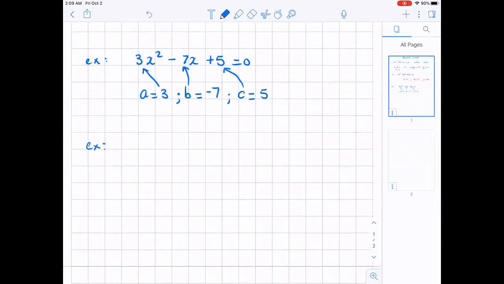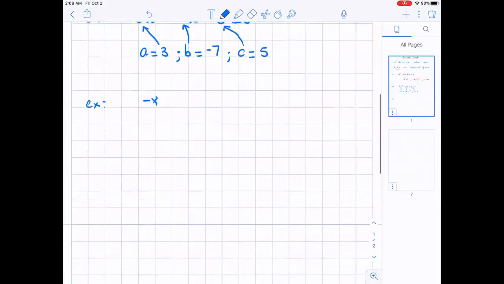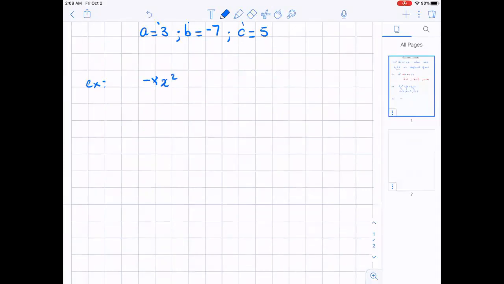Example, minus 8x squared plus 7 equals 0. In this case, a is equal to minus 8. We're getting that from here. b is equal to 0.